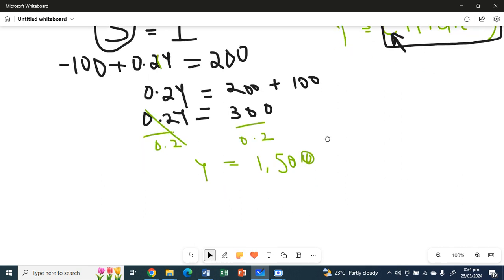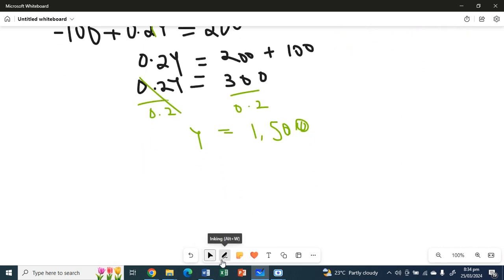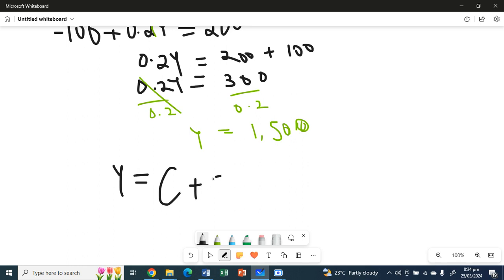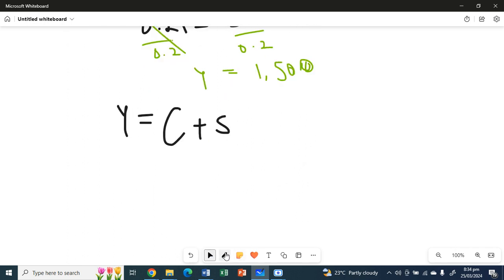In order to get our consumption function, you must remember that when you get your money, there are two things you can do with it. You can either spend, which is consumption, or you can save.